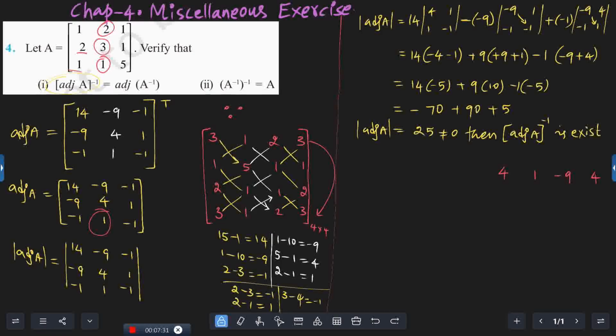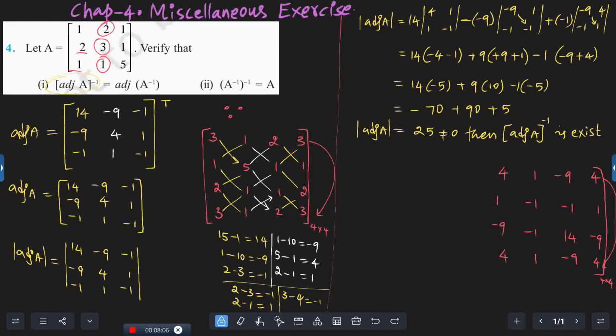Then row 3 I'm taking 1, after 1 minus 1, after minus 1 again the starting element should be ending. Then row 1 I'm going for minus 9, after that we have minus 1. Okay, and minus 1, after that 14, after minus 9. The row again you write as the third row, 4 1 minus 9 4 you will be getting. This is my 4 by 4 matrix.